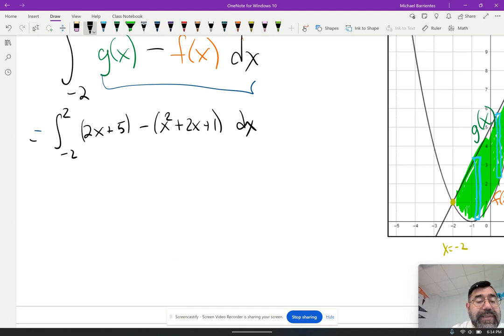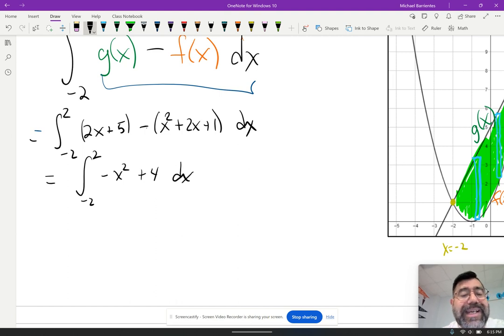If you simplify this, you're going to get negative x squared, because that's subtracting, minus 2x and the plus 2x are going to cancel out. Minus 1 and plus 5 is going to give you plus 4. So really, we're just taking the integral from negative 2 to 2 of that resultant dx. 5 minus 1 was 4. 2x minus 2x was 0, and then I'm just left with minus x squared. So this is what I'm left with.